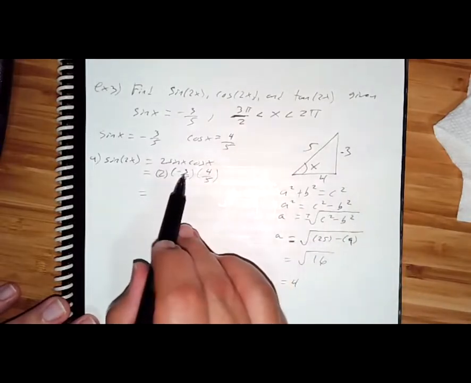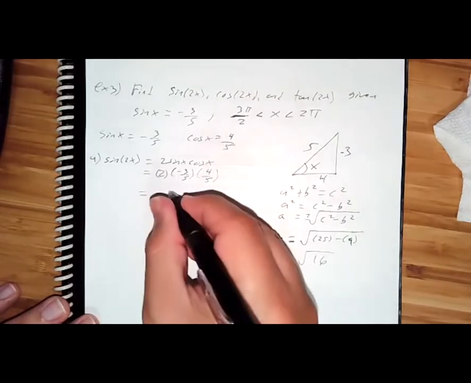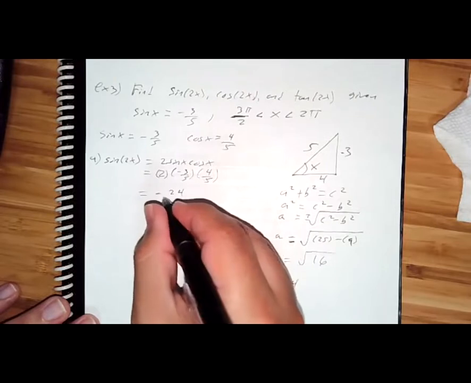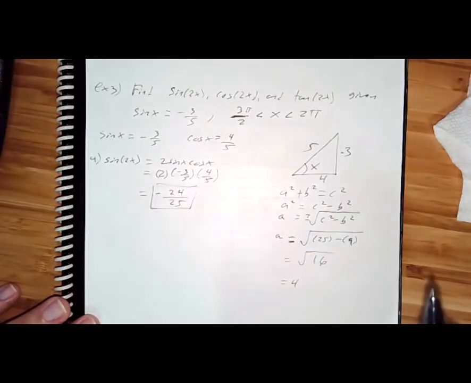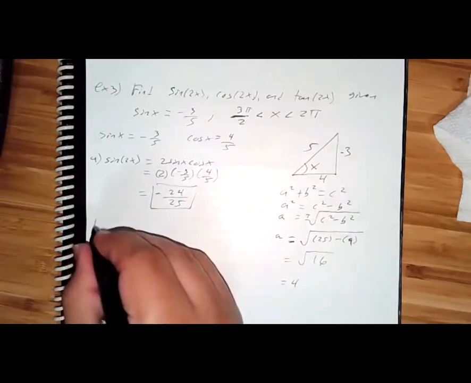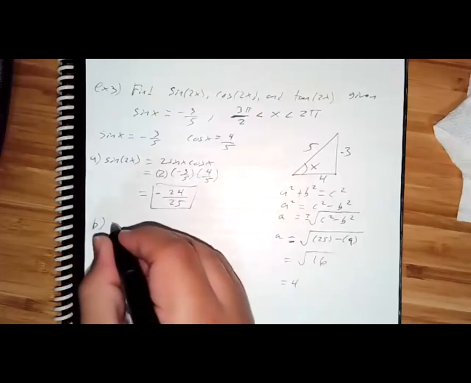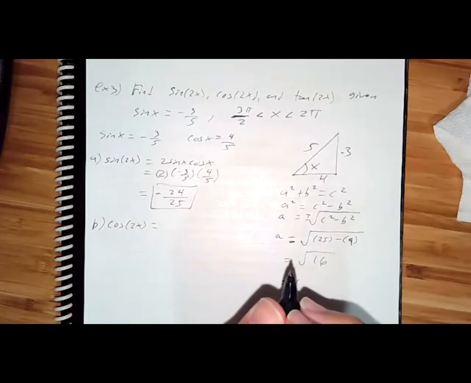So that'll be -3 times 4 is -12, times 2, that'll be -24 over 25. Any questions on part A? So we just use the formula and then plugged in sine and cosine. You may need to solve for one or the other. Okay.